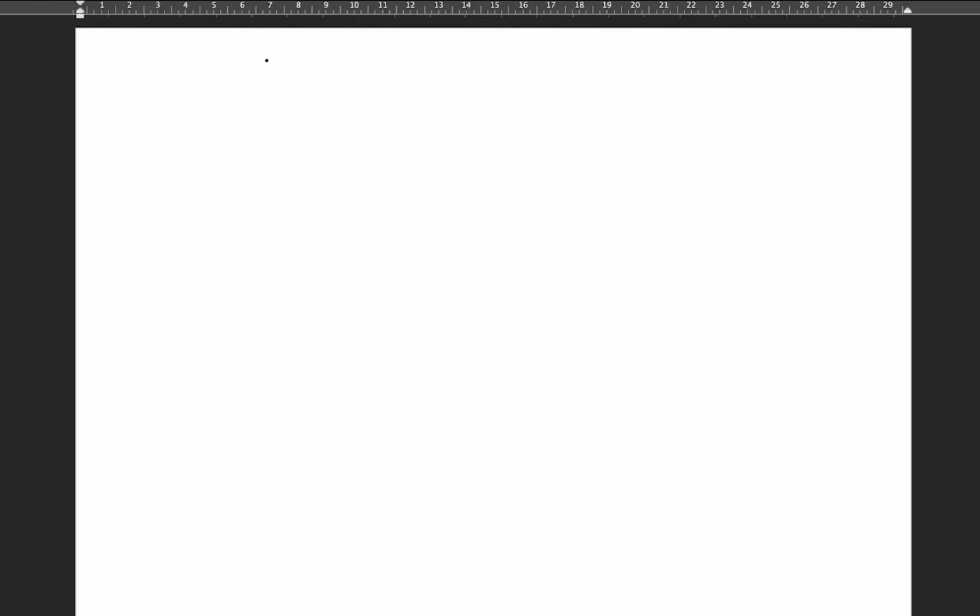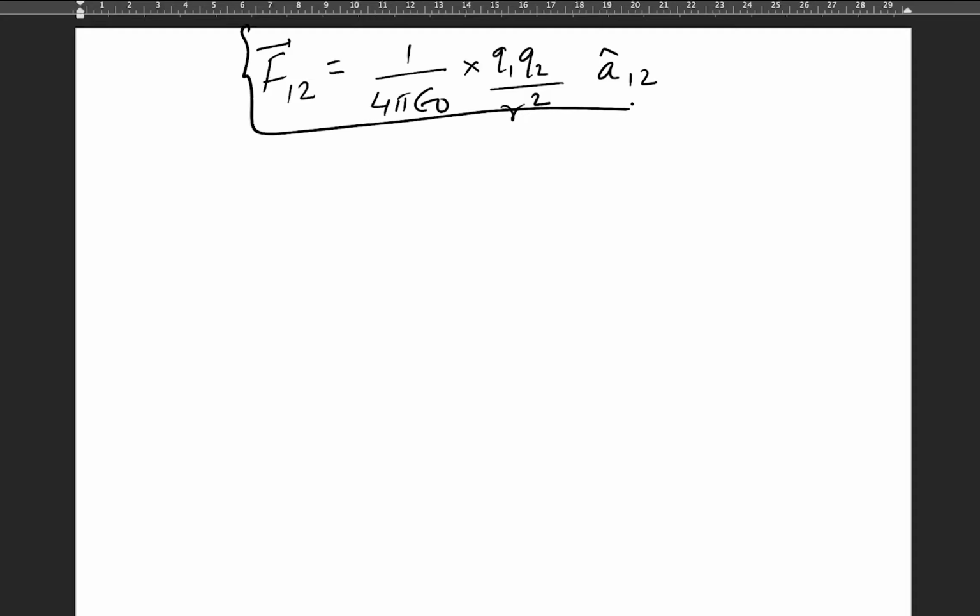For SI units, this force in normal vacuum is given by 1 over 4 pi epsilon times Q1 Q2 over R squared, and the direction is from 1 to 2. This is the force by charge 1 on charge 2. This is Coulomb's law.